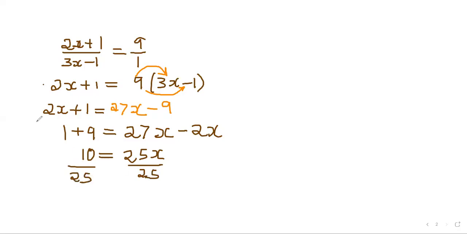Because what I do on my left-hand side, I should also do on my right-hand side. Then 25 cancels 25, so you'll be left with x equals 10 over 25.